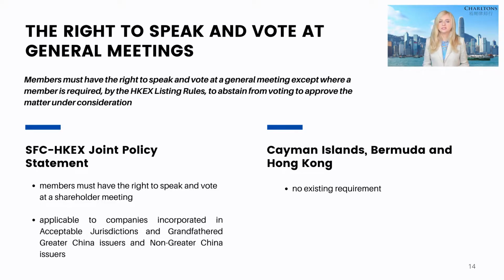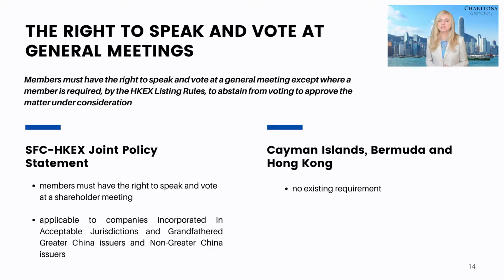Companies incorporated in the Cayman Islands, Bermuda, or Hong Kong are not under a similar obligation. Having said that, the Hong Kong Exchange explains that the right to speak and vote at general meetings is implied in the Companies Ordinance and in the mandatory provisions. In addition, the Corporate Governance Code requires that Hong Kong Exchange-listed companies ensure that the chairman attends general meetings to answer shareholders' questions, and that directors should also attend general meetings to get an understanding of shareholders' views.